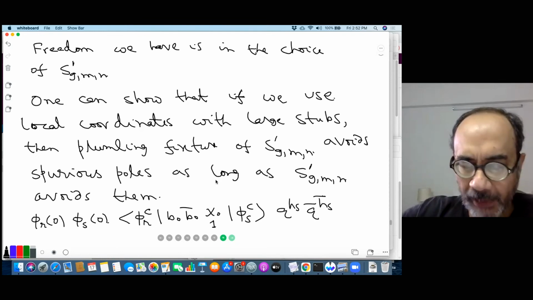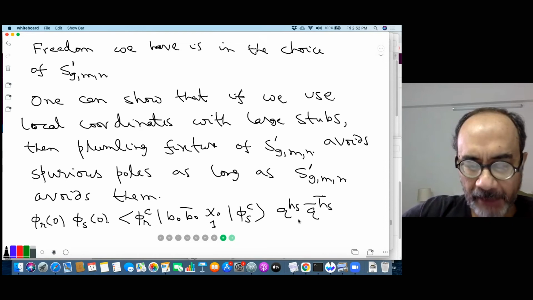So the only way after plumbing fixture you can get into divergence is when this sum diverges, because there is an infinite sum over r and s.